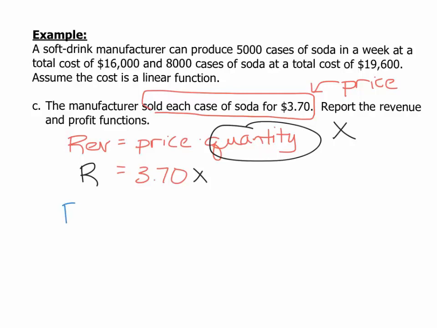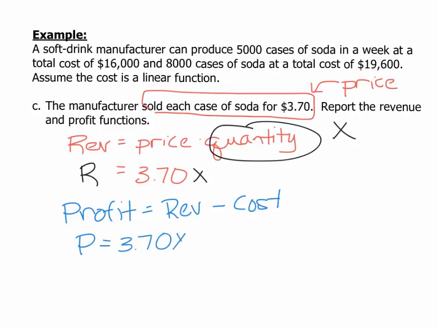Another important formula that we know is profit is revenue minus cost. So our profit function is going to be 3.70x minus my cost function, and my cost function was 1.20x plus 10,000. So if I distribute this negative sign over both terms, and notice that I had to put that cost function in parentheses because I had more than one term in my cost function.